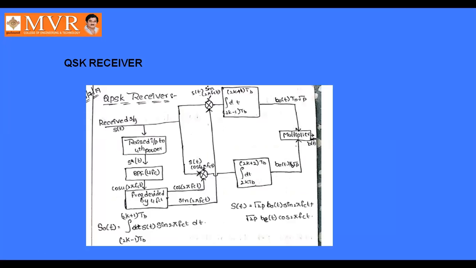So this is the QPSK receiver. What is the difference between the QPSK receiver and the M-ary scheme?